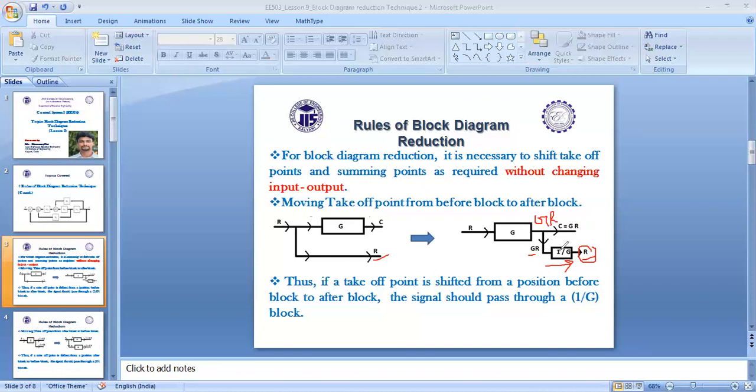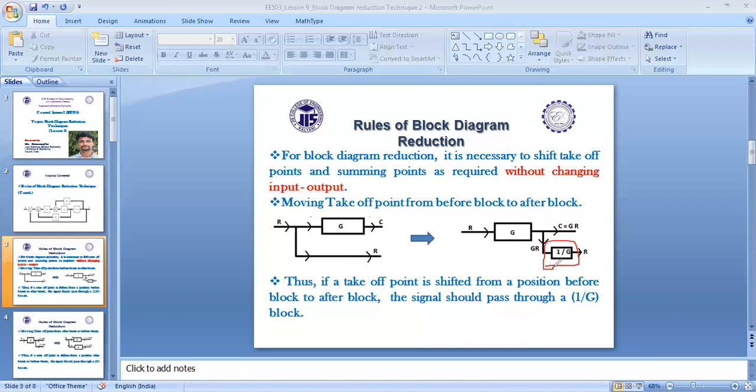So if a takeoff point is shifted from before the block to after the block, then the signal should be multiplied by 1 by G.